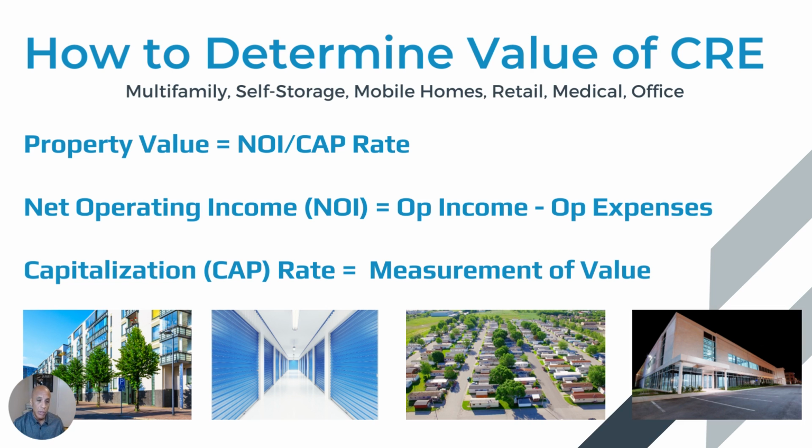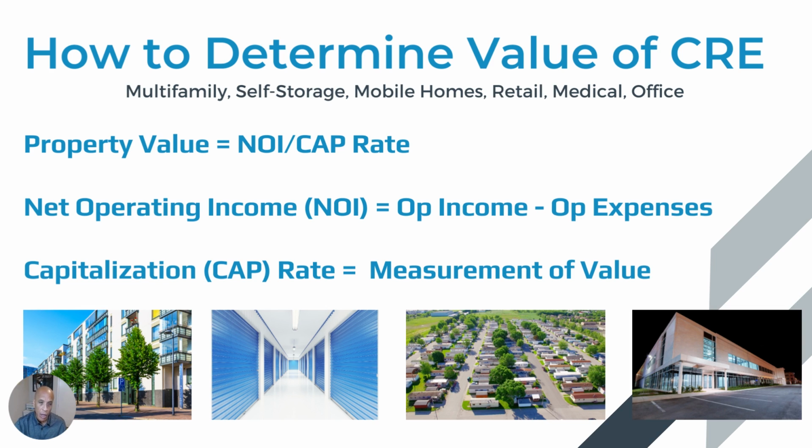So let's define net operating income first. The NOI, or net operating income, is defined as the operating income minus the operating expenses. Your operating income includes everything like the rents that you collect from apartment tenants who rent your units.